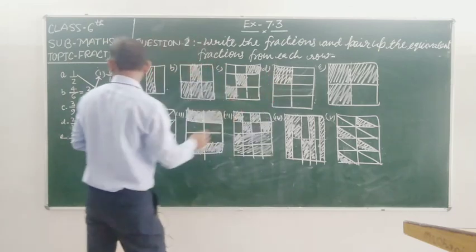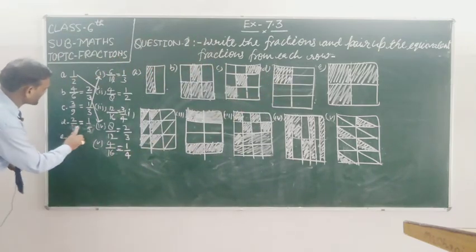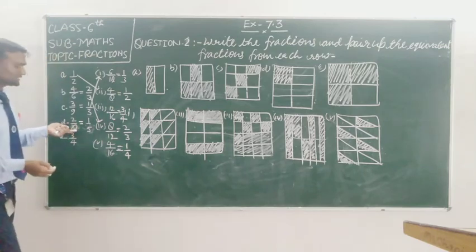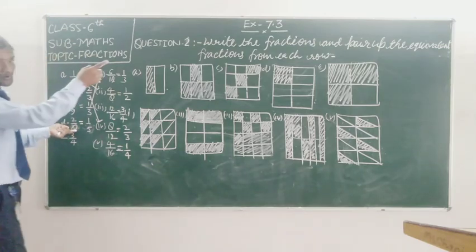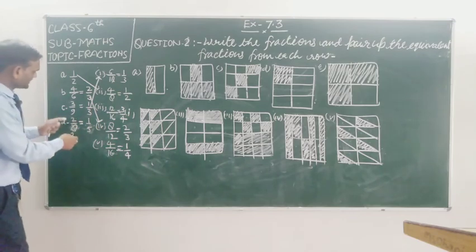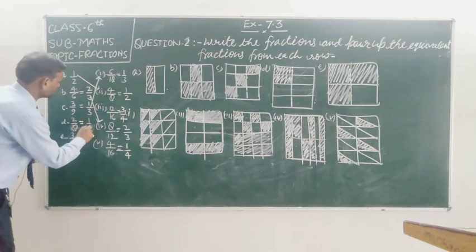That was wrong. And here, not 2 by 10, this will be 2 by 8, student, because the total number of parts is 8. So we write 8 below the division bar, and 2 parts are shaded. So we write 2 above the division bar, and when we make the simplest form of 2 by 8, we get 1 by 4, student.